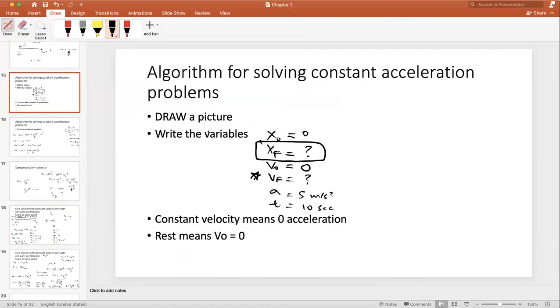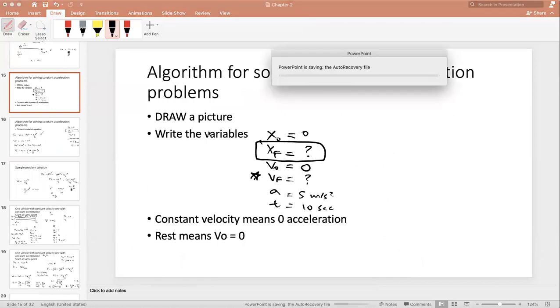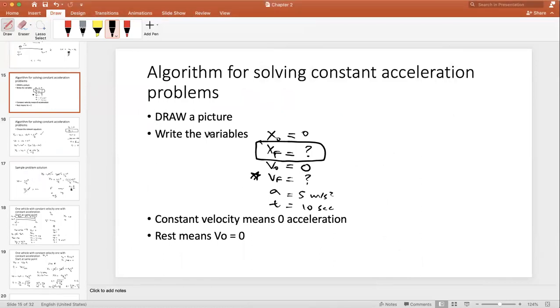For each object, list the 6 variables, and then see if from the question you can fill in those variables. You also may have, at a different time later on, the variables change, right? We'll talk about that when we get there. At that point, you need to also remember that constant velocity means that the acceleration is 0, and that rest means that the initial velocity is 0.